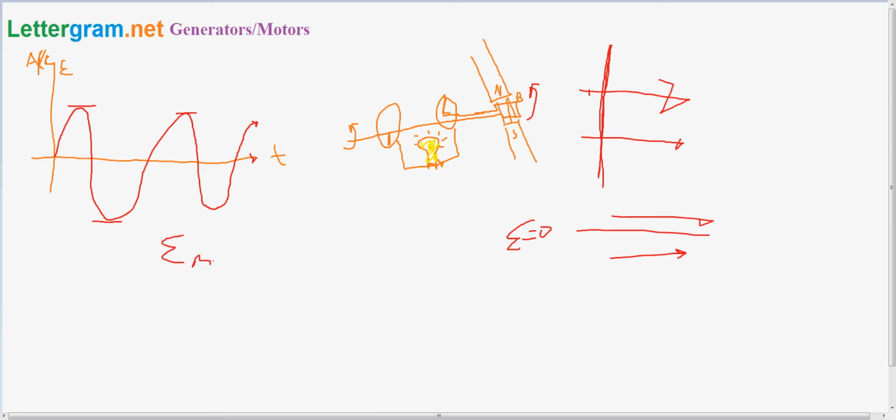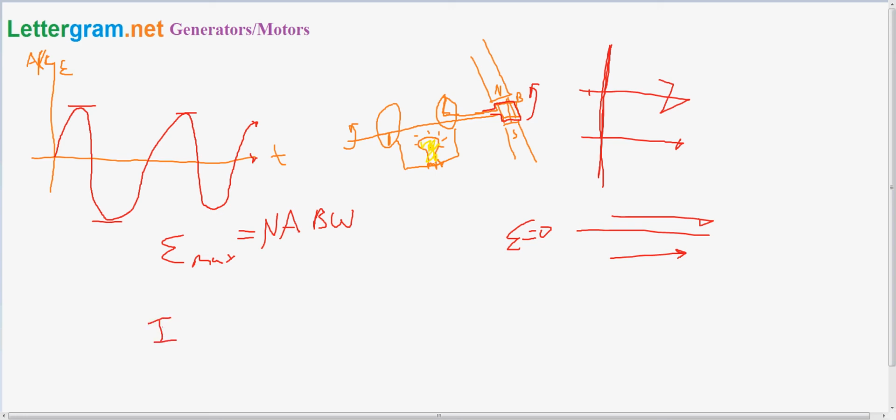Now, the maximum EMF is equal to the number of loops in the magnetic field, times the area of those loops, times the magnetic field, times the spinning velocity, or the angular velocity.